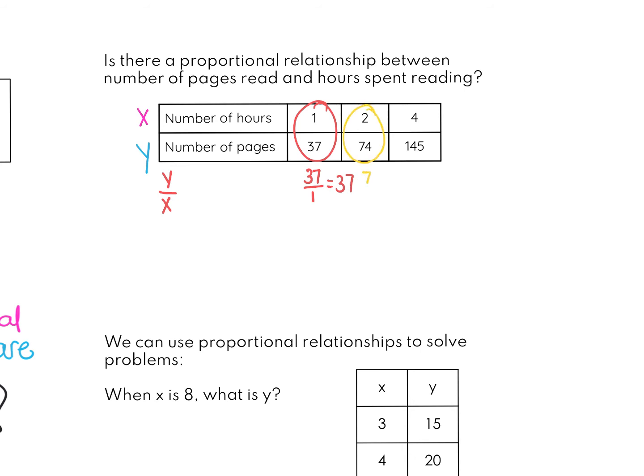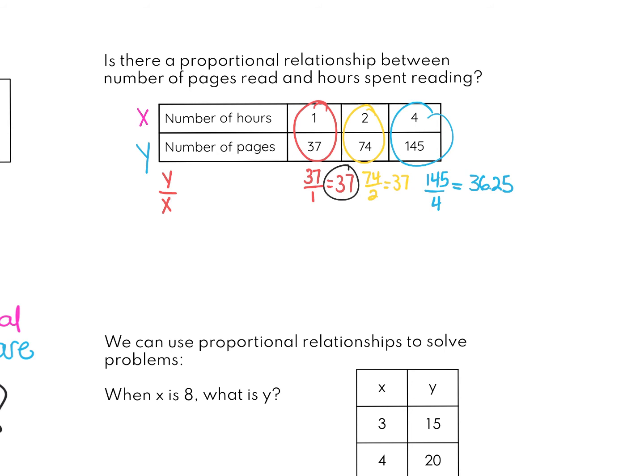Our next pair is going to be 74 divided by 2. Let me just double check this, which is 37. And our last pair, 145 divided by 4. You should be checking this on your calculator just like I am. And this time I got 36.25.